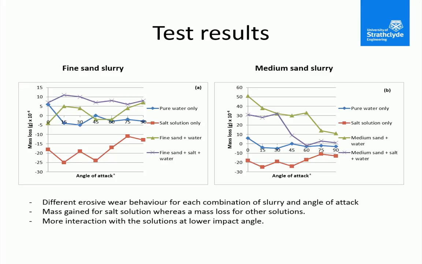Now the situation is more severe, as you'd expect, with medium sand particles. And we're finding that we get a similar kind of pattern, in the sense that with the salt in the solution, we're getting much higher mass loss than just in the distilled water.